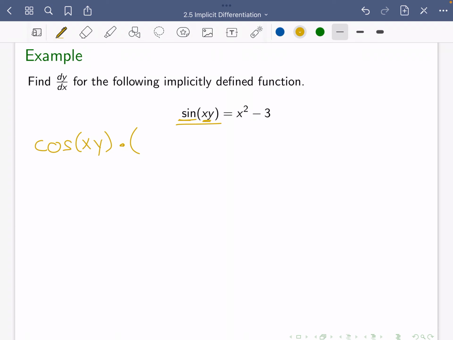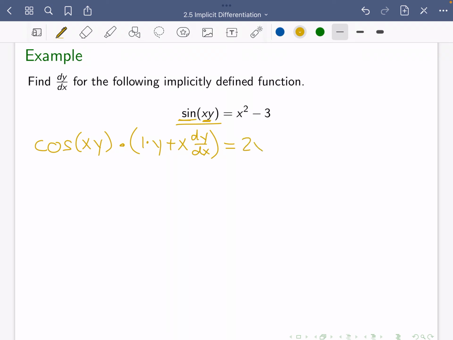So when we take the derivative of that inside, we have a product rule that's happening. The derivative of the first, the derivative of x is 1, times the second, plus the first, times the derivative of the second. The derivative of y is dy/dx.